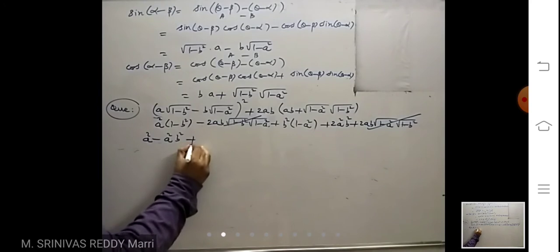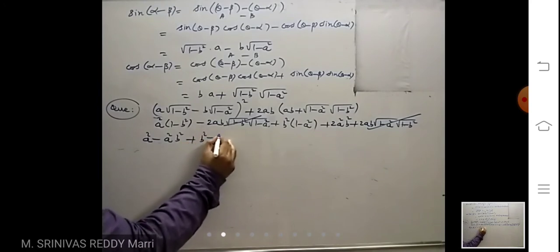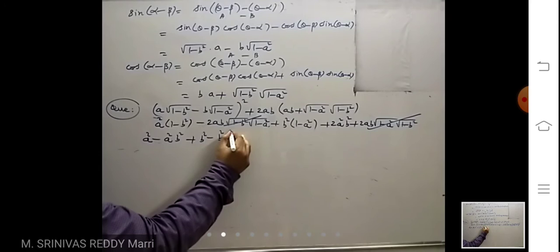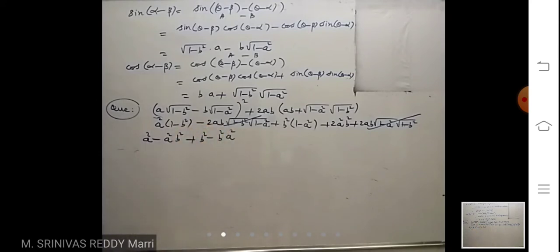Now here b square minus a square b square, plus 2ab.